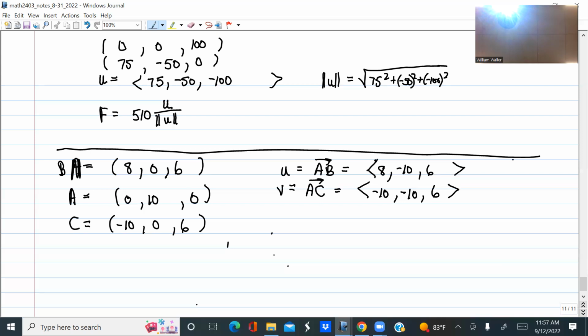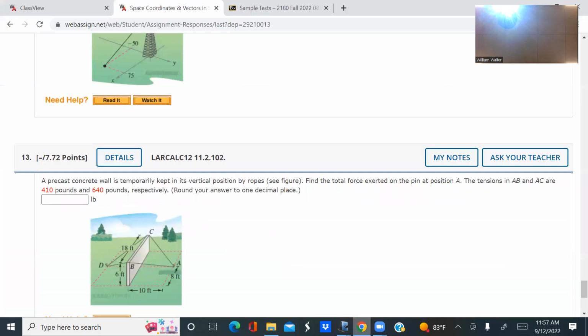That's right. Convert these to a unit vector, right? So you're going to calculate U over its magnitude, to get a unit vector, and then multiply by the force that you want on that vector. Which one was that one? 410 or something like that? Let's see, from A to B, 410.